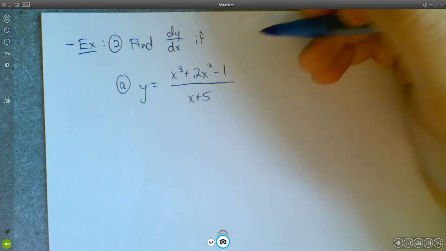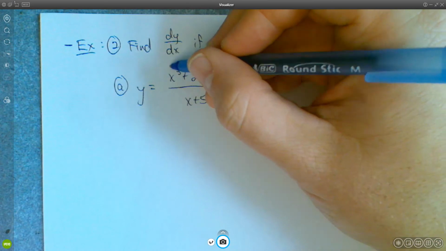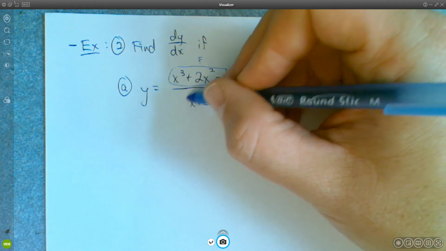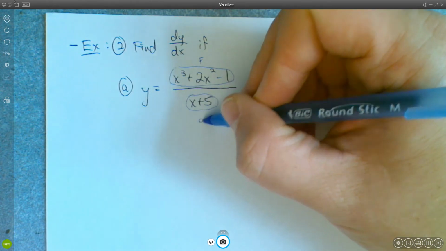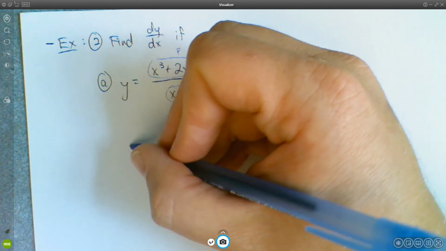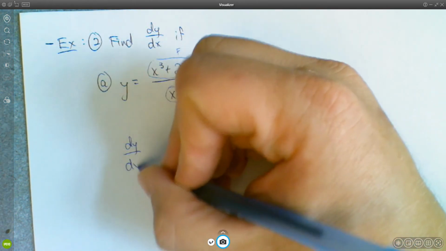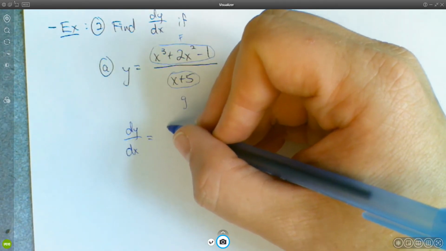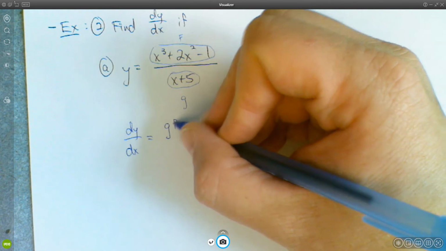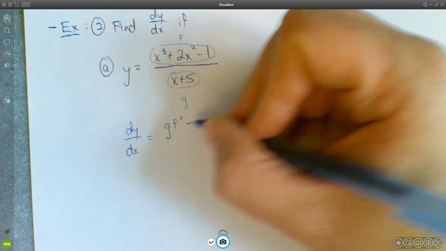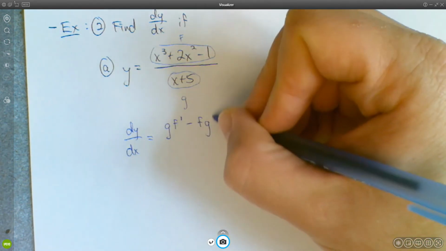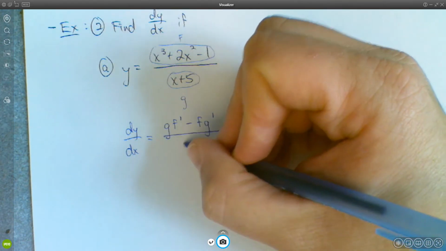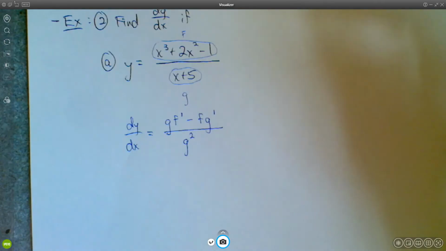Okay, so I'm thinking of this numerator as f, and I'm thinking of this denominator as g, and to differentiate a quotient like that, we're going to do the bottom times the derivative of the top minus the top times the derivative of the bottom, and then we're going to divide by the bottom squared.